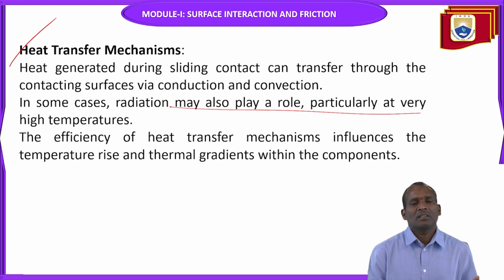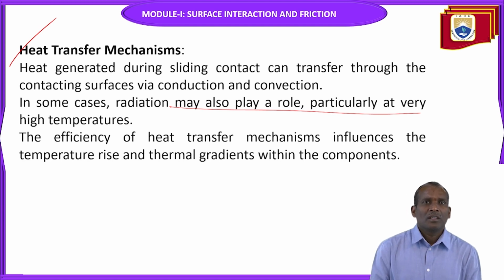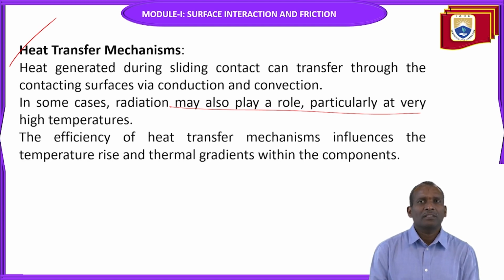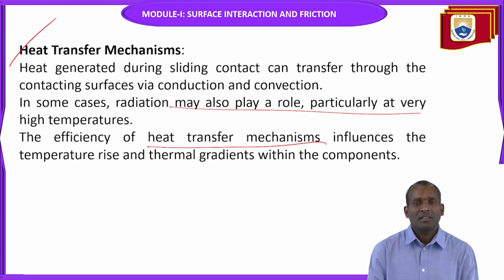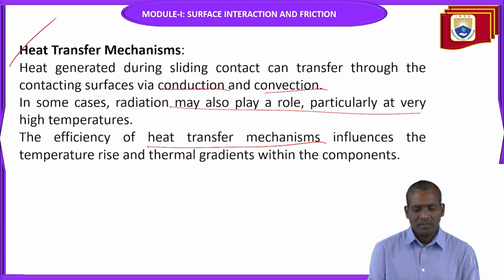So generally conduction and convection will play a major role, and sometimes radiation also plays an important role. The efficiency of heat transfer mechanisms influences the temperature rise and thermal gradients within the components.